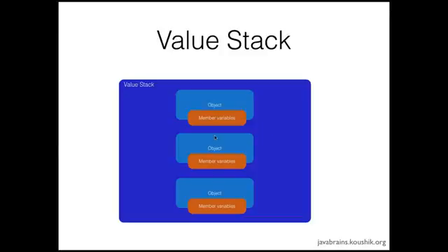Say you have 3 different objects, and each of those objects has a few member variables. Now, what the value stack does is it eases the way in which we access these objects. Let's take the example of our action object, which has some data in the member variables.